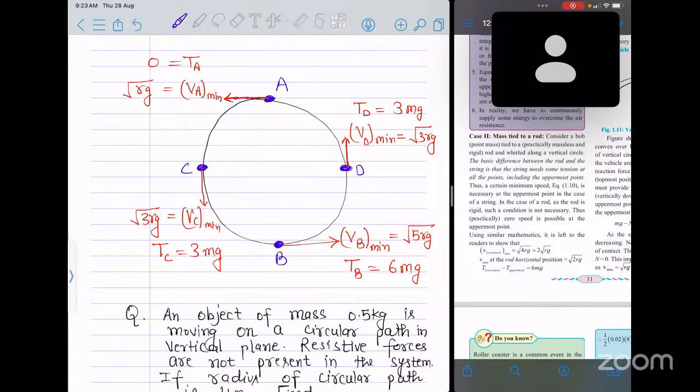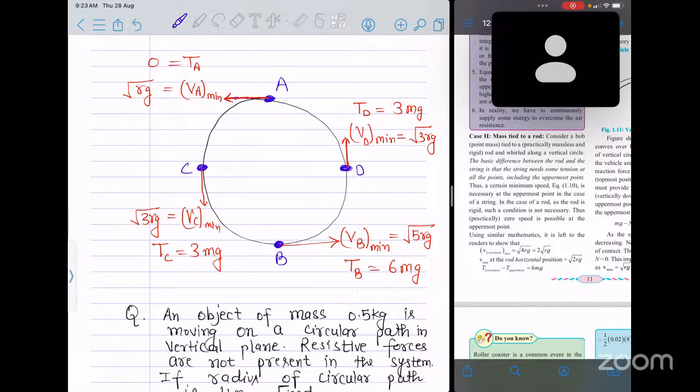And if it is not minimum, it will be greater than minimum or less than minimum. If it is less than minimum possible, circular motion is not going to happen. If it is greater than minimum possible, circular motion will take place, but tension will change its value accordingly.